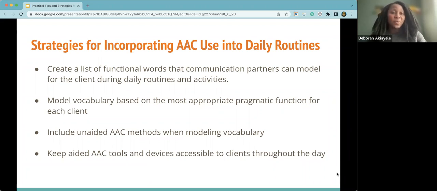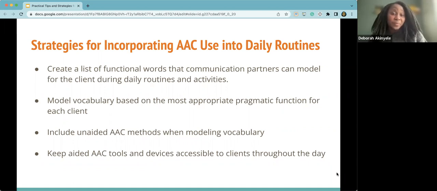There are going to be other times when it's more appropriate just for the clients to get a model of the vocabulary and to learn how to use it to label. So again, modeling, labeling, using the device, as well as using spoken language just to reinforce their understanding of the word and the association with the picture that's on their device, or if you're using a communication board, the picture that's on their board.